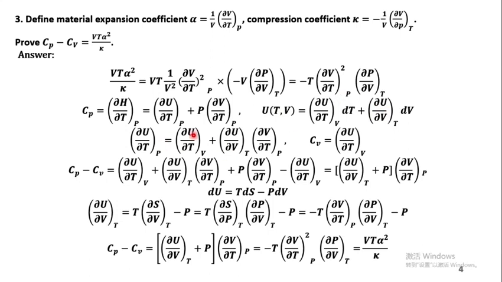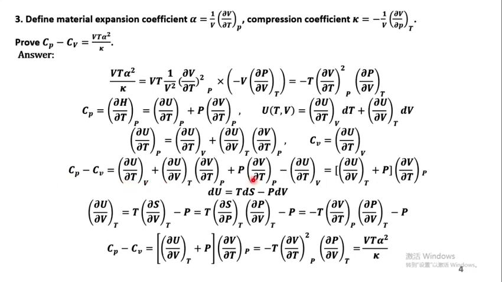So we have this one. The dT divided by dT equals 1. So we have this one. And then we have the definition of the Cv. So we have Cp and Cv, so Cp minus Cv equals to this.